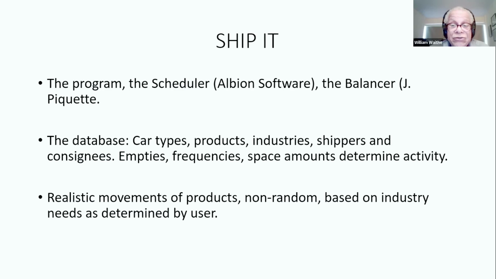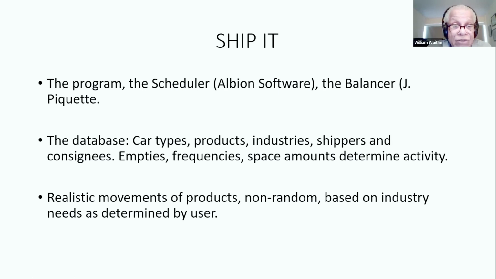Now, there's an ancillary program created by Jean Piquet in Montreal. It's called the Balancer. What the Balancer does is that it takes the results from the program itself, the ShipIt program, and it will tell you what is wrong with your database, what you need to do to correct it.